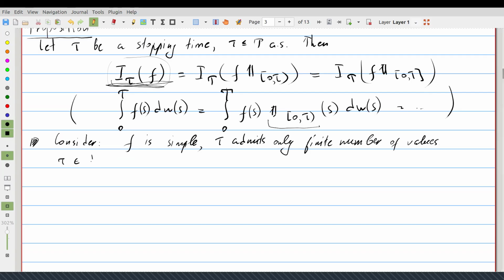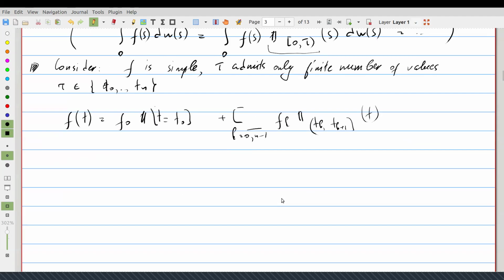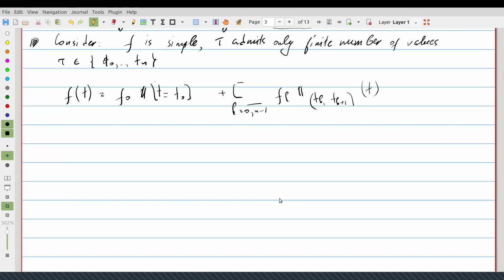So I will assume that tau takes values in this set, and I will also assume that these are support points for our f, because if not, we can just add them in this decomposition. So f is the sum of f_k indicator from t_k to t_k+1. If they are not original here, we just add them, and f_k and f_k+1 might be equal for some special k.